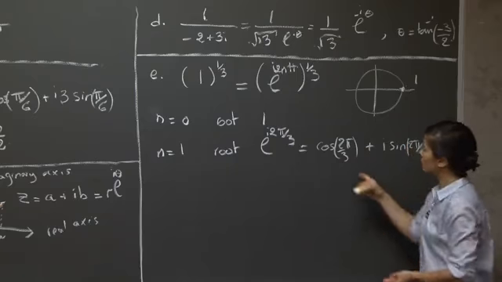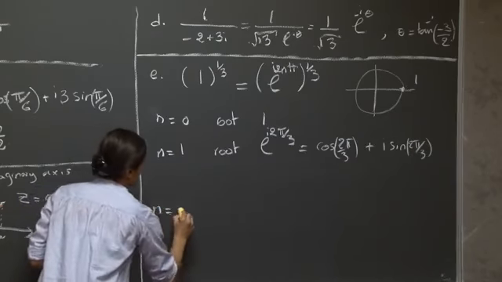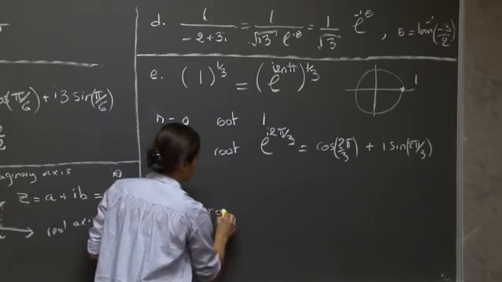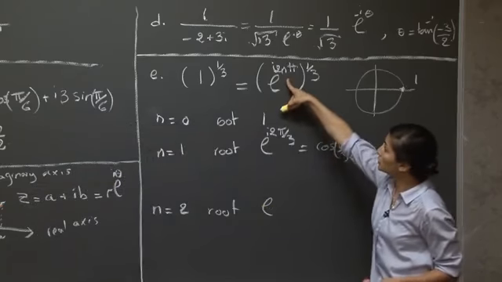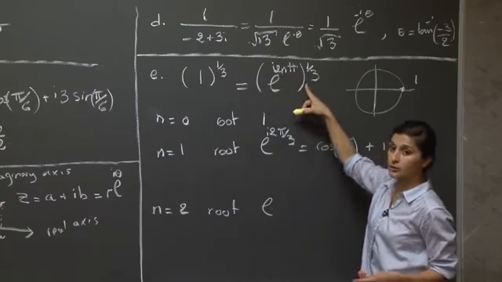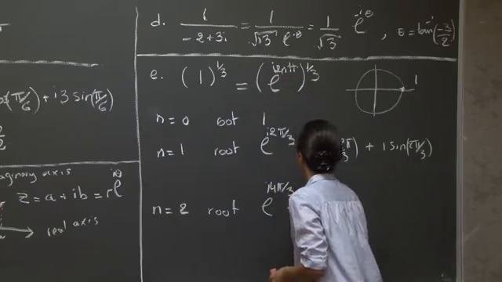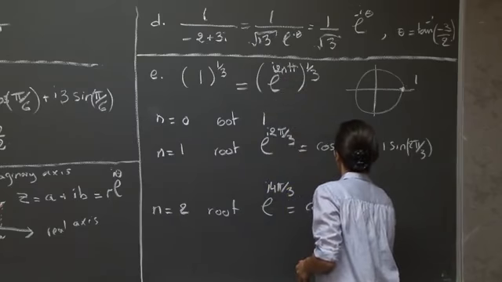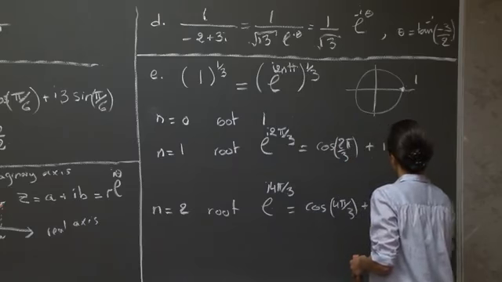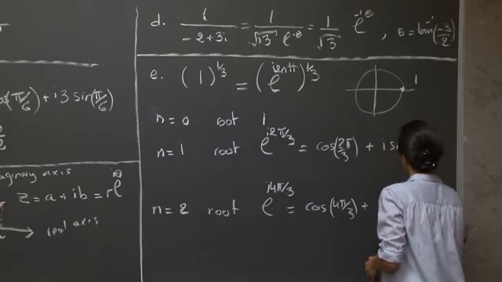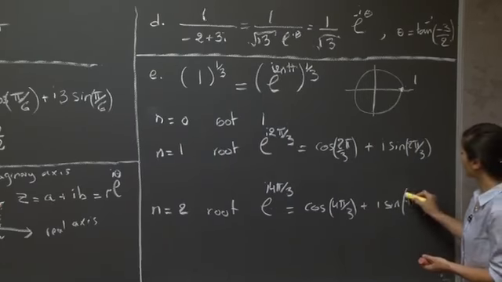And then just write down the values. And for the third root, we take the value n equals 2. So we have exponential of i 4 pi over 3, which again we can express as the cosine plus i times the sine of 4 pi over 3.